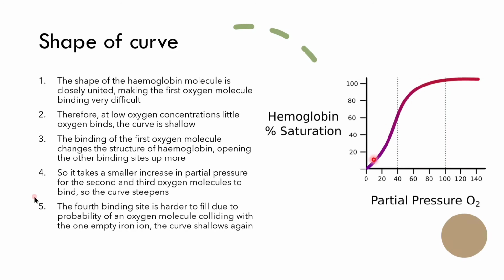And so that's why we have this sigmoidal shape, because the ability of the hemoglobin to bind to the 4 oxygen molecules changes, the probability of it happening changes, so they require different partial pressures and different times of these partial pressures in order to get full 100% saturation.